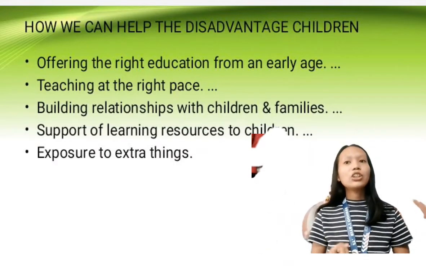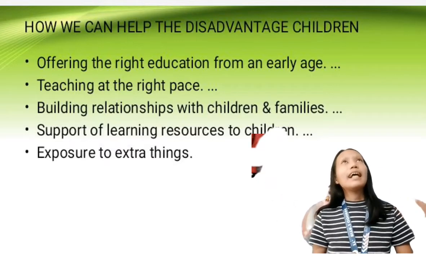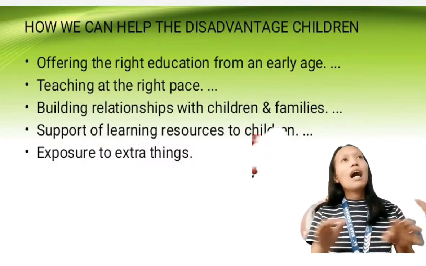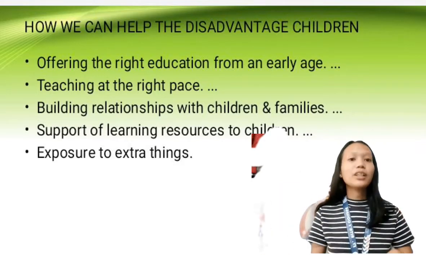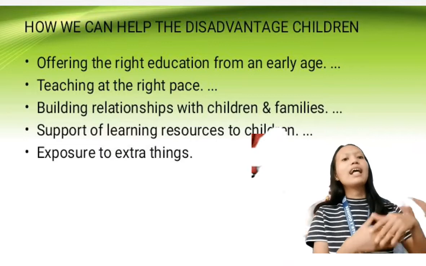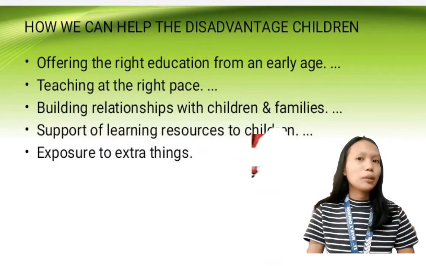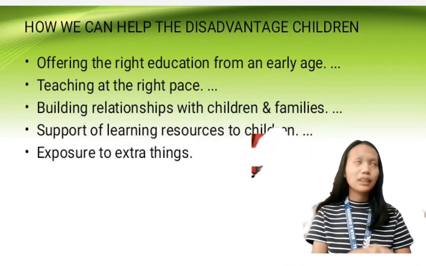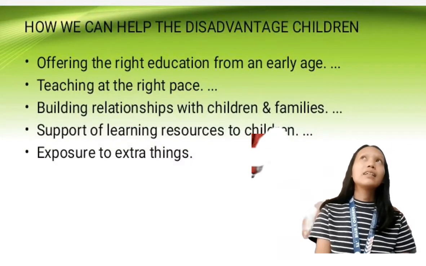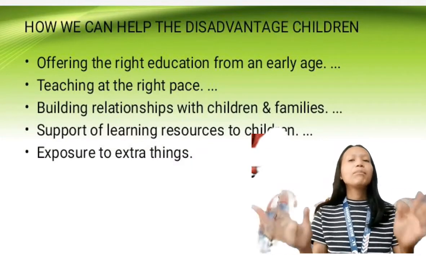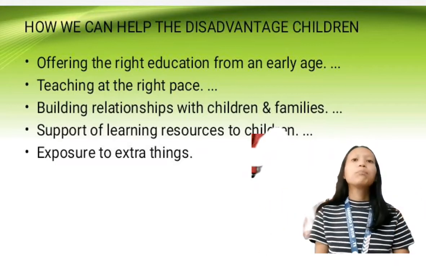Second, teaching at the right pace. It depends on how the teacher teaches the students. So the teacher has a big role in teaching the children. Third, building relationships with children and families. Because of the family distance, the family gap, there are many so-called disadvantaged children.